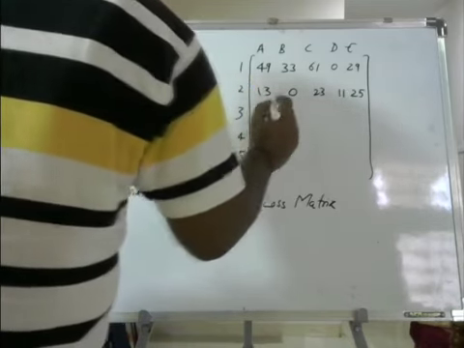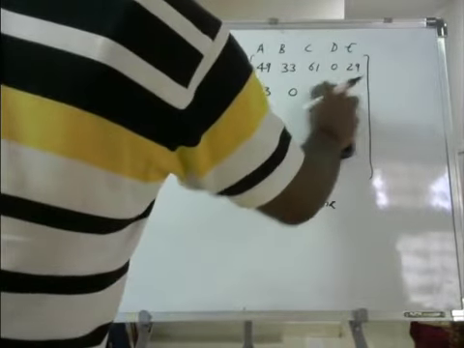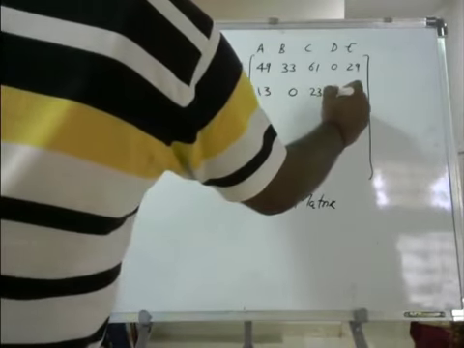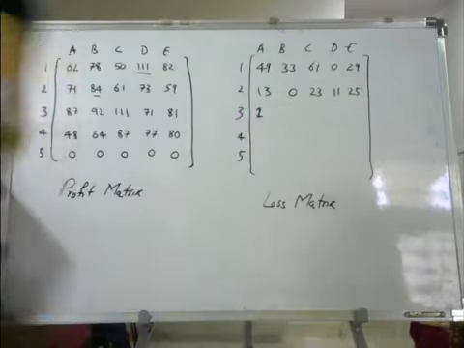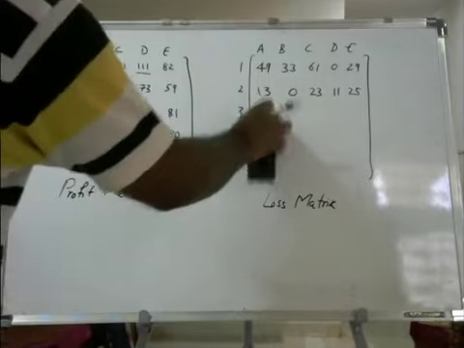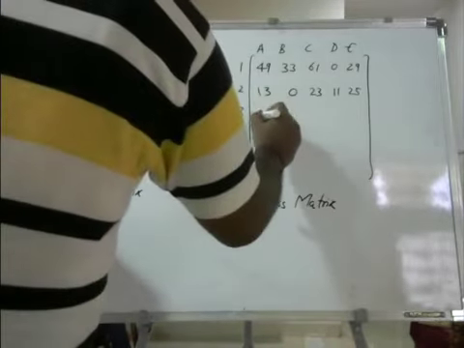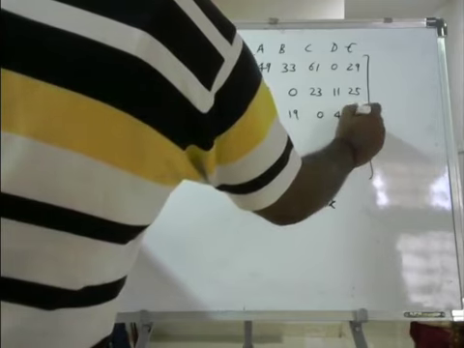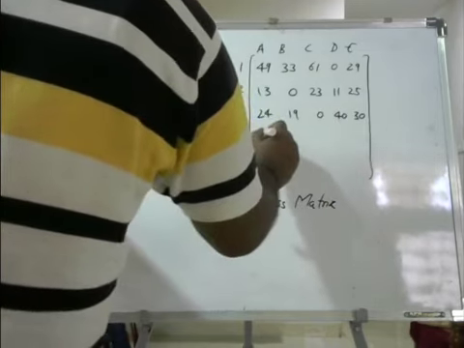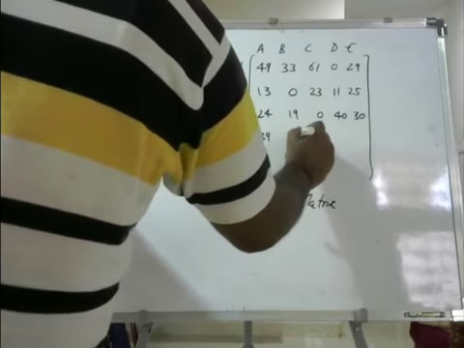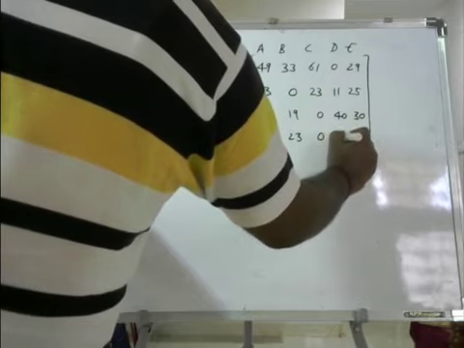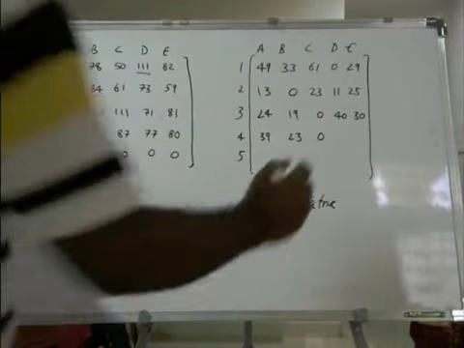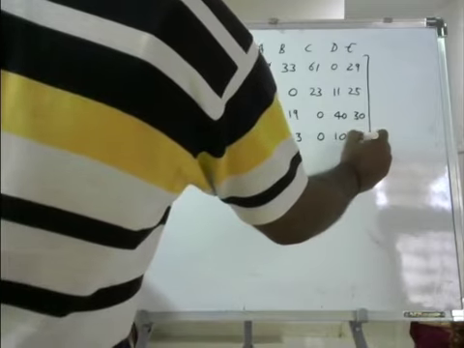Here it is 24, 19, 0, 40 and 30. Here it is 39, 23, 0, 10 and 7.